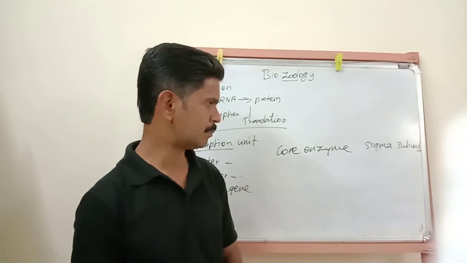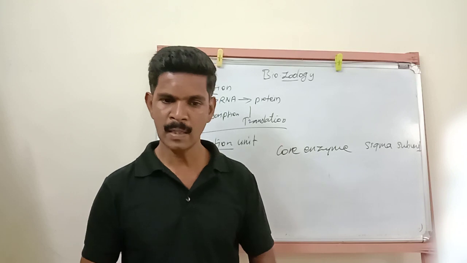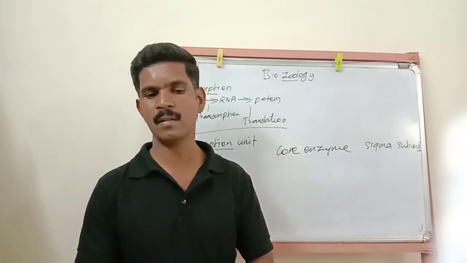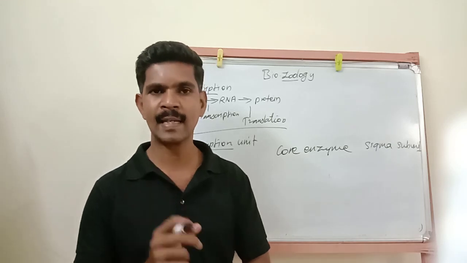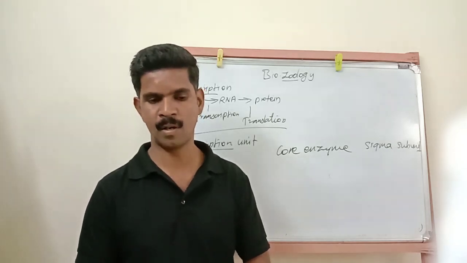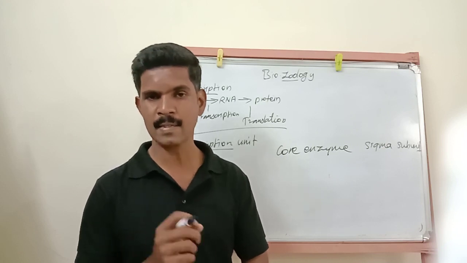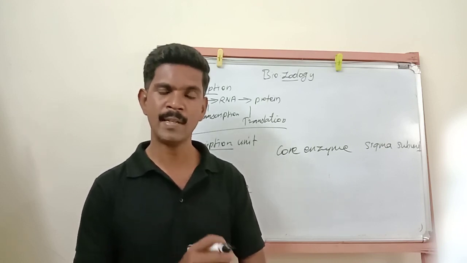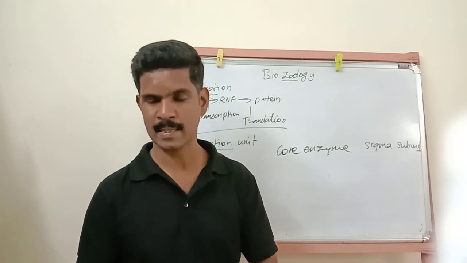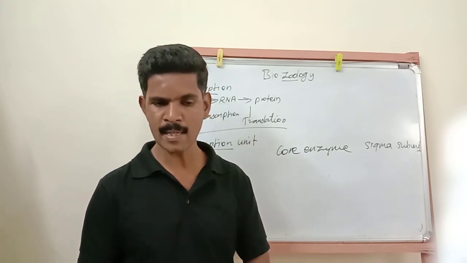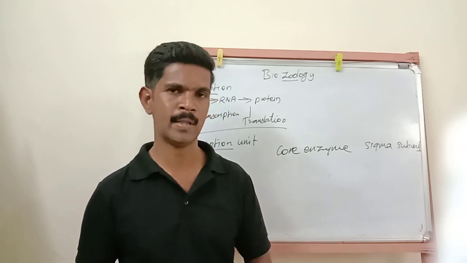Then the last point about the transcription unit. The terminator region, not the transcription sequence, forms a hairpin-like structure. The terminator sequence of a DNA molecule forms a hairpin-like structure, and this terminator sequence also requires an additional protein.